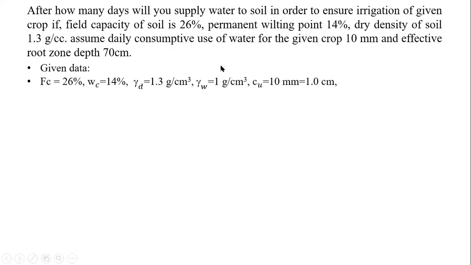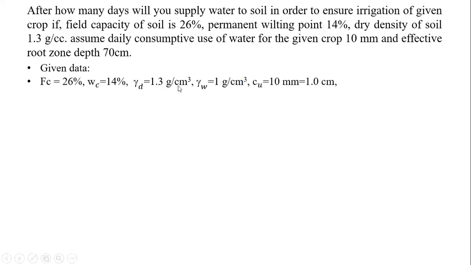So 9.81 kilonewton converted to newton is multiplied by 1000. It means 9.81 into 10 raised to 3 newton per meter cube, divided by 9.81, so that it will be in kg per meter cube. That is 1 into 10 raised to 3 kg per meter cube.